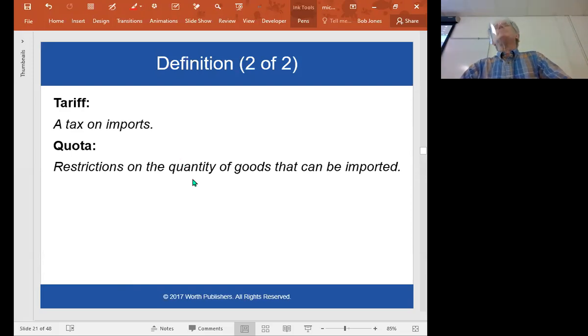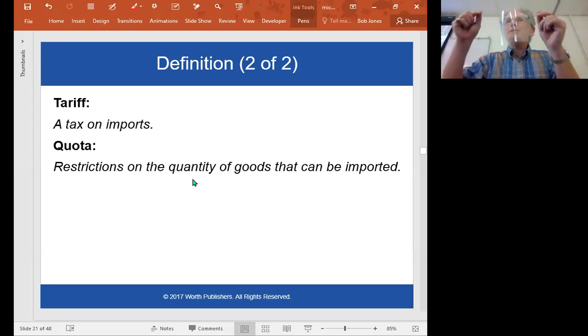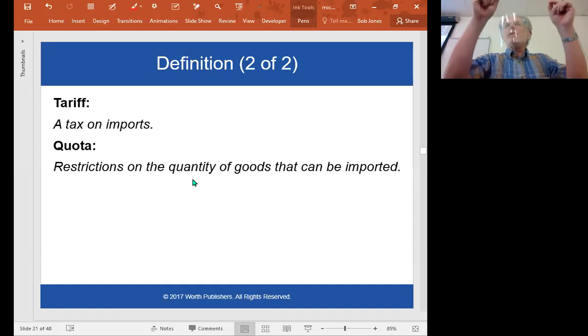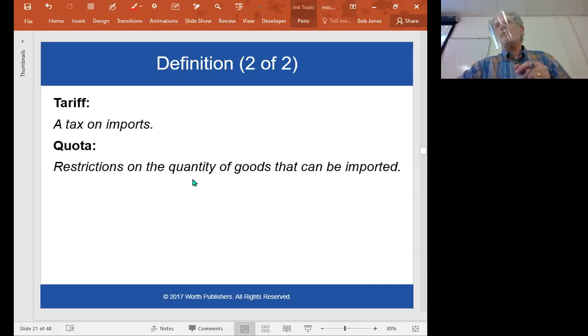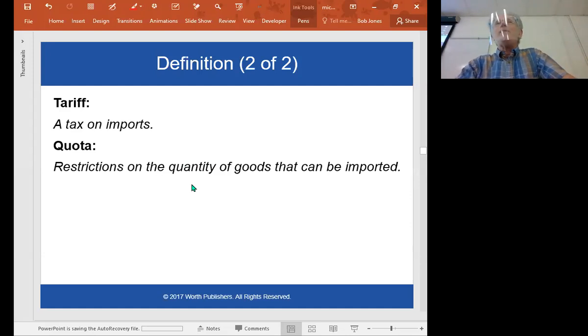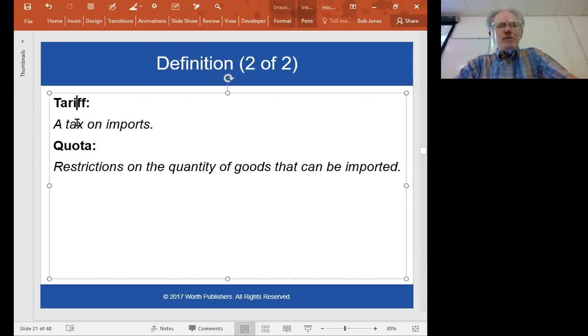Free trade doesn't hurt producers as a group, but for each producer, when they have to compete against foreign producers, it does hurt them. And so you do have a lot of opposition to free trade, and that opposition leads to demands for protectionist policies. And protectionist policies can come in the form of a tariff or a quota. And they have similar effects, but they're somewhat different.